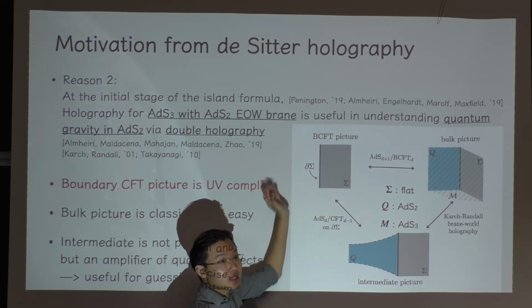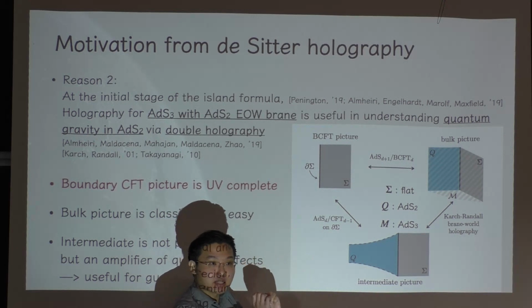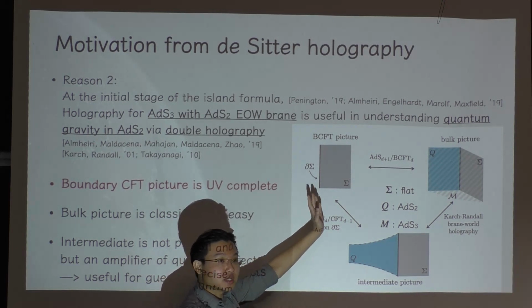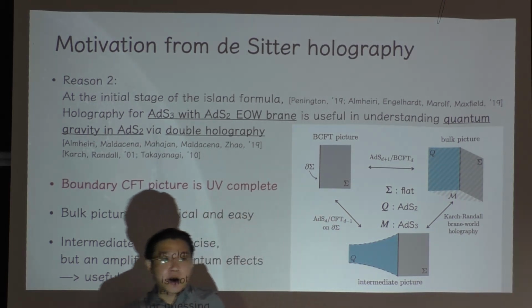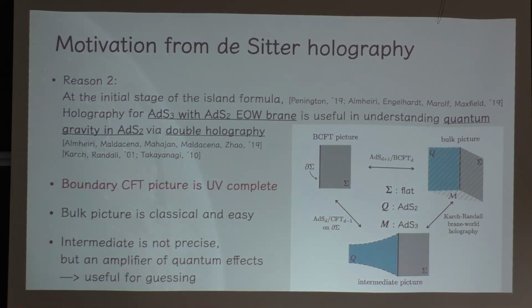So you don't really know how to decompose those couplings, which are organized in this way. So that's what I mean by not so precise. But if it's more precise, it's better. But thank you for the comments.